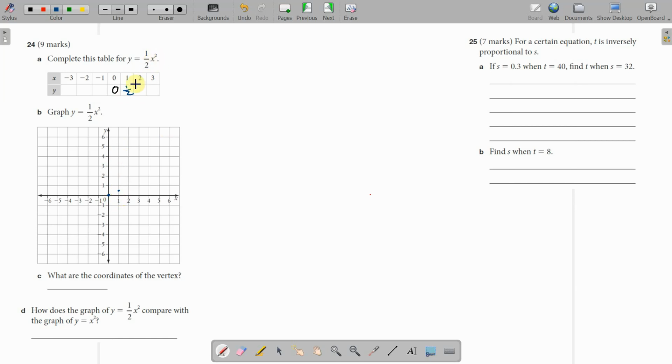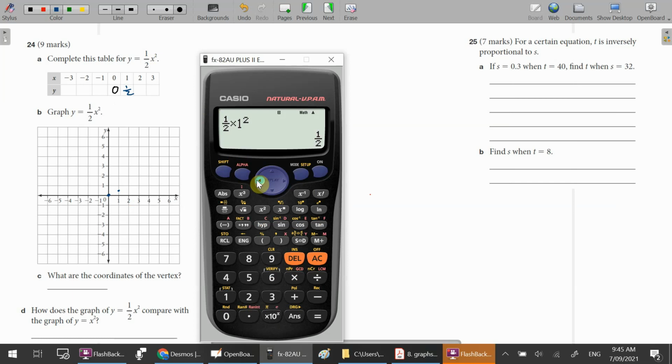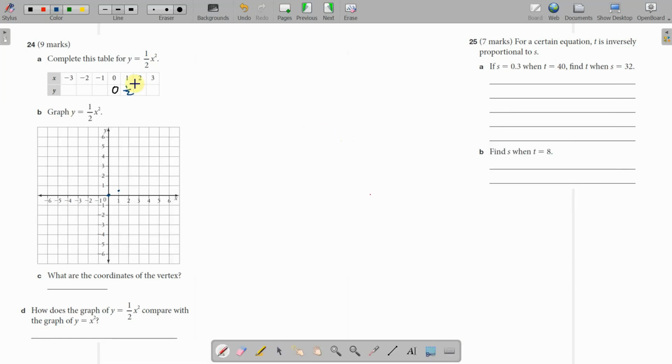I'm going to put 2 in to find out what the y is. Half times 2 squared is 2. X is 2, y is 2. Okay, 3.